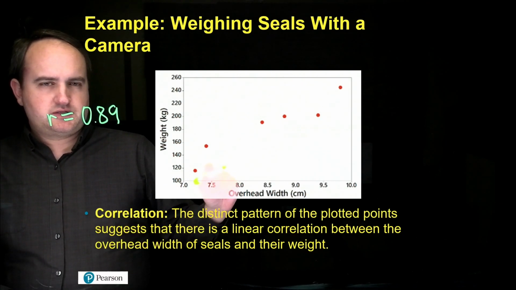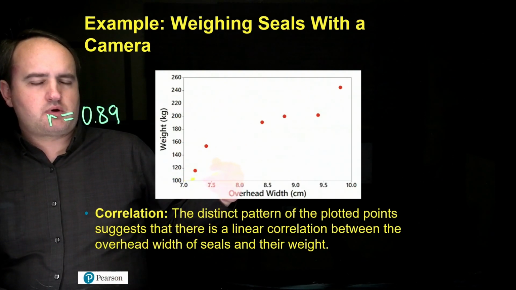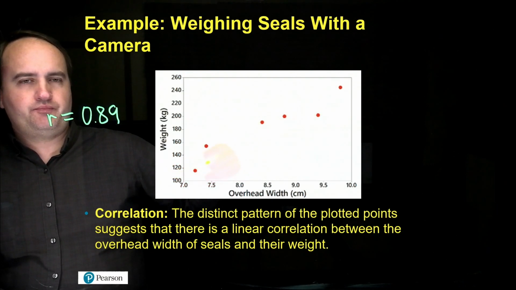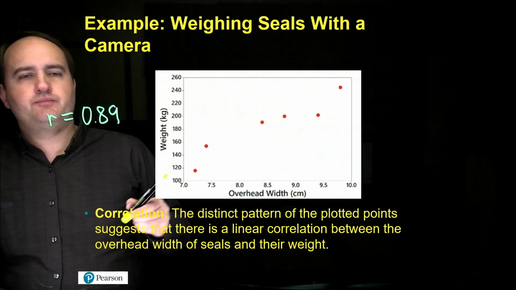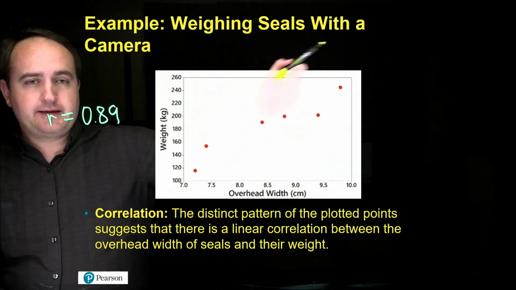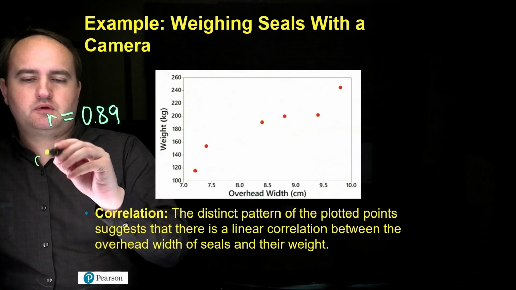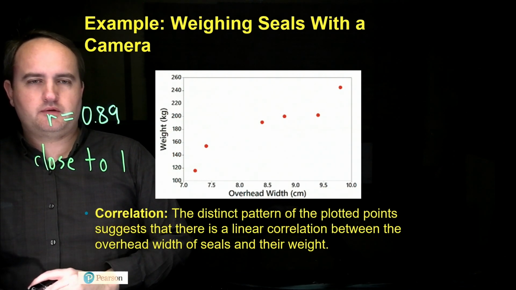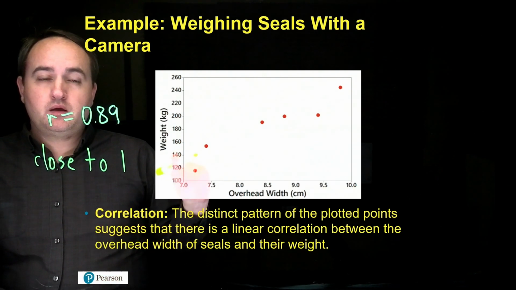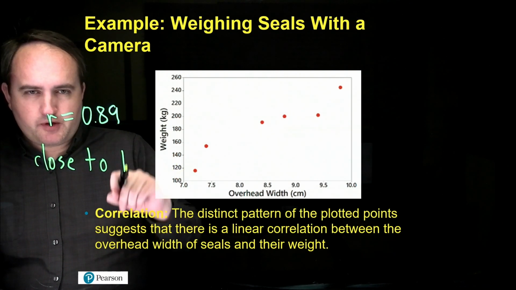So something like this picture here, where we can see a strong linear correlation where all the points are almost on the same diagonal line. Because the line has a positive slope, in other words, it's rising from left to right, r equals 0.89 is close to positive 1. Some people call that positive linear correlation if it's close to positive 1.